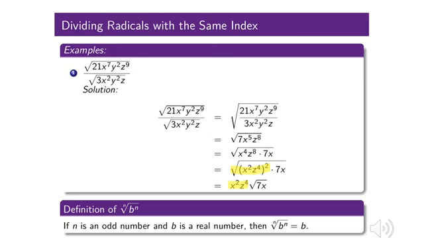Next, using the definition of nth root of b raised to the power of n, we factor out x squared z raised to the power of 4 from the square root of the quantity x squared z to the 4 quantity squared times 7x. So we get x squared z to the 4 times the square root of 7x.